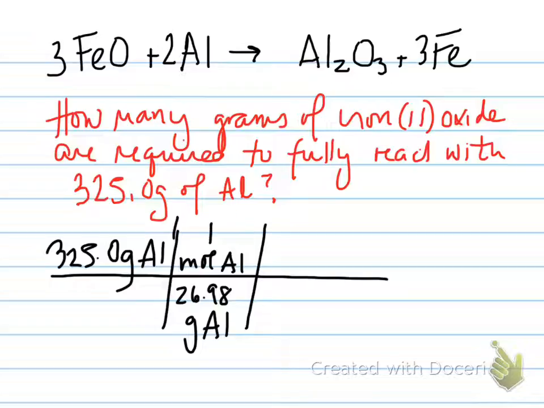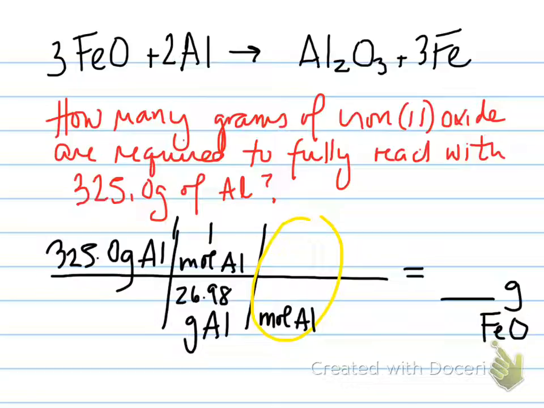Now, we're ready for what's always the star of the show. What units, what chemical go in the next box on the bottom? We're going to put in moles of aluminum, and we want to end up in grams of FeO. So what mole ratio are we looking for? The mole ratio between aluminum and iron 2 oxide.